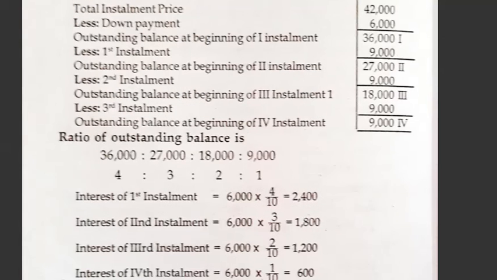The ratio comes as 4:3:2:1. Now the total interest is 6,000, and we multiply that 6,000 with the ratios: 4 by 10, 3 by 10, 2 by 10 and 1 by 10. You will get 2,400, 1,800, 1,200 and 600. This is the interest for each installment.